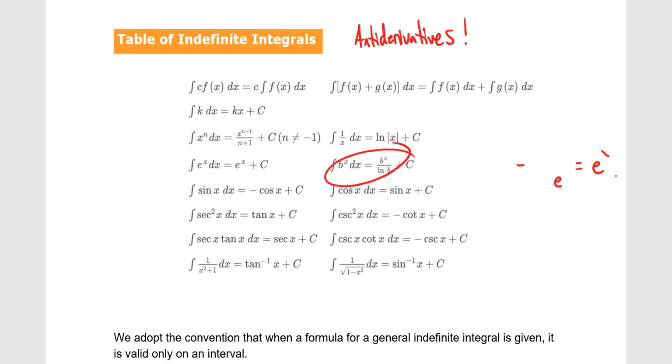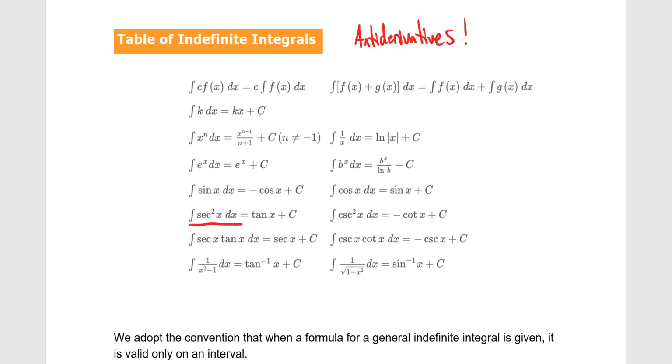Moving down into the trig functions, the integral of sine of x is negative cosine of x. You have to be careful because the derivative of cosine is negative sine, so taking the derivative of negative cosine would give us positive sine. The integral of cosine is sine.